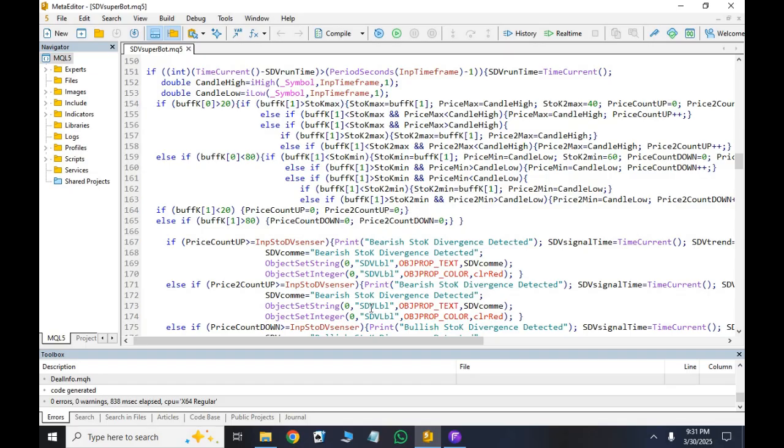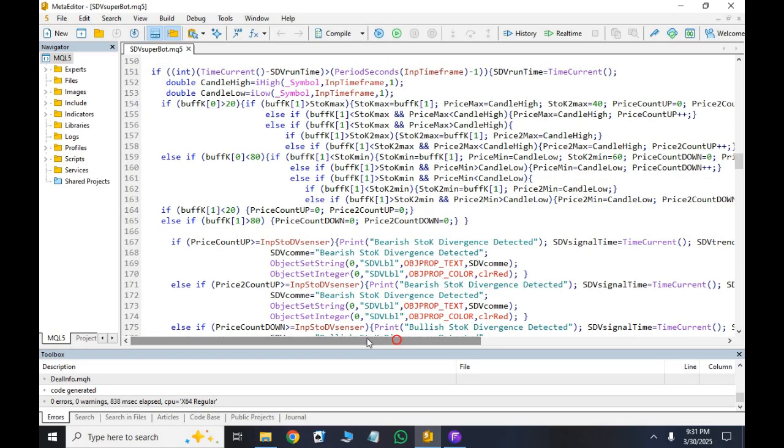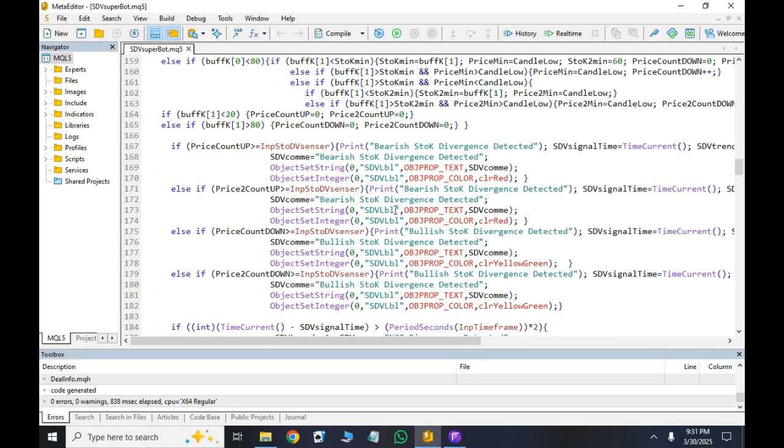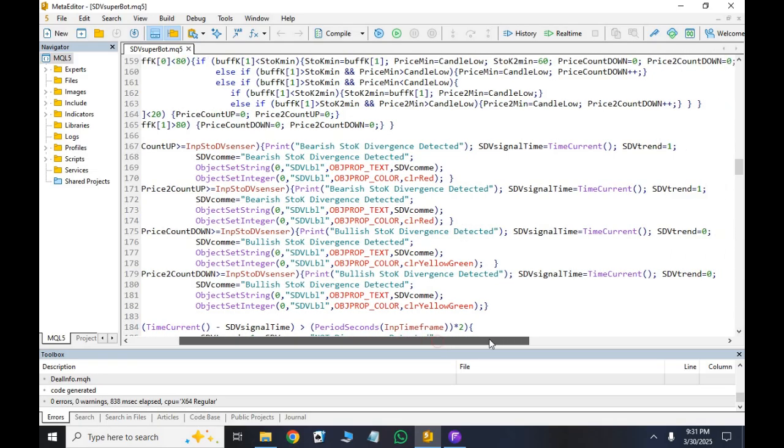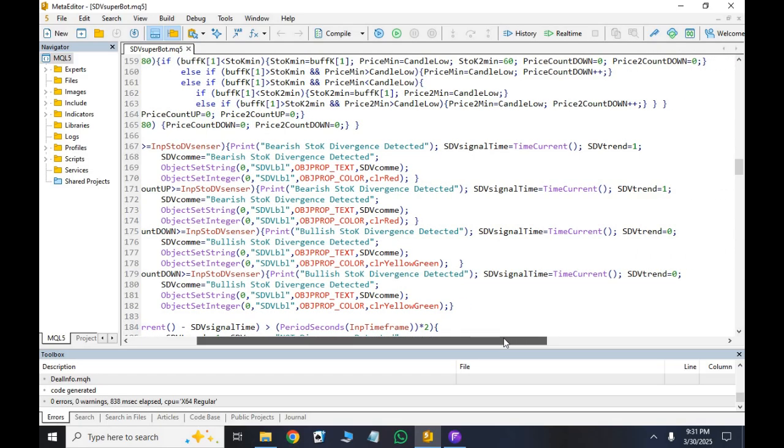This value gets 0, it initializes. And here there are the codes to show the signal in the label, and the SDV trend variable gets 1 for sell, 0 for buy.